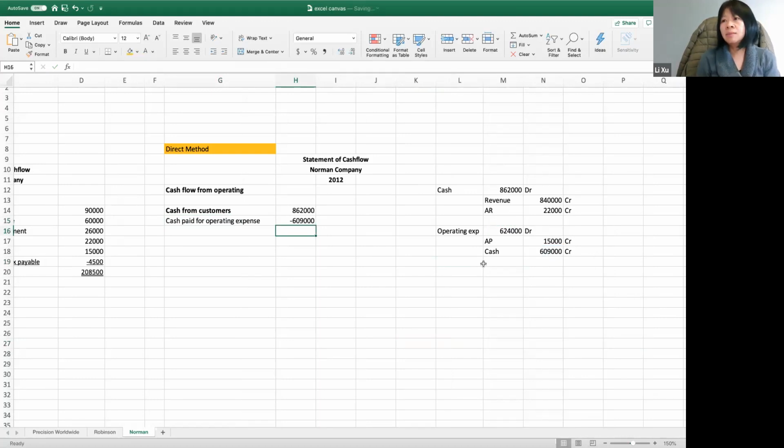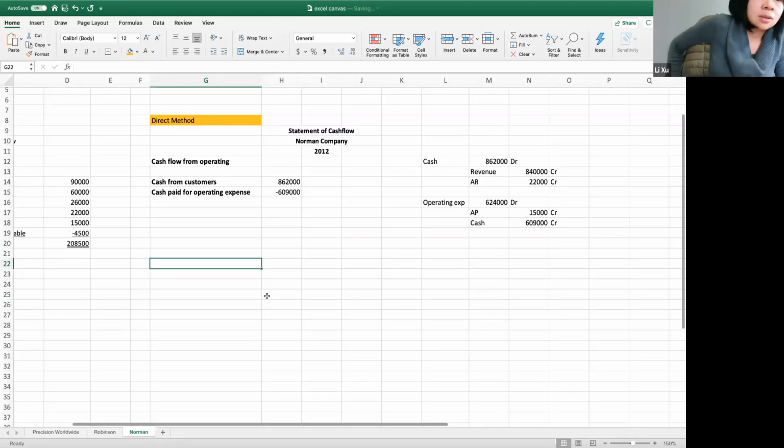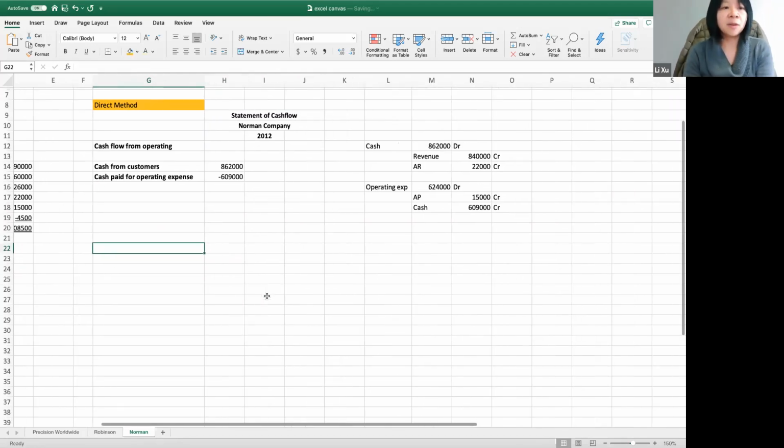Okay. So the next one we have is depreciation, which we don't need to consider because we know depreciation expense itself has no cash impact. And the next one we have is loss on sales. Here also it doesn't have a real impact on the cash flow from operations.